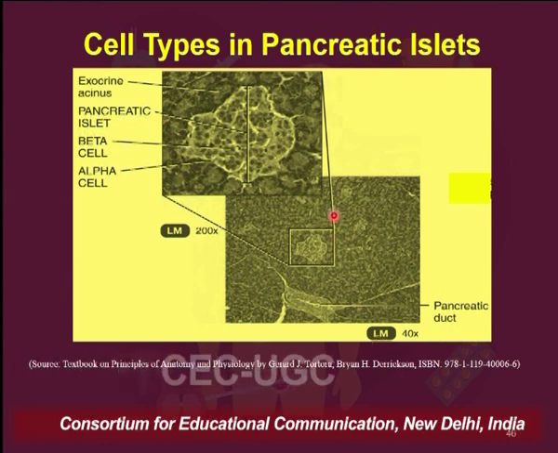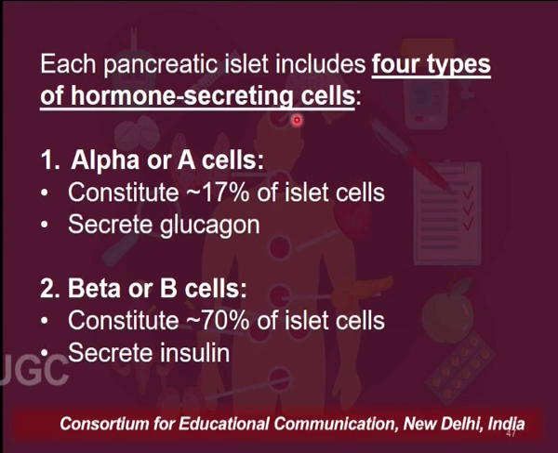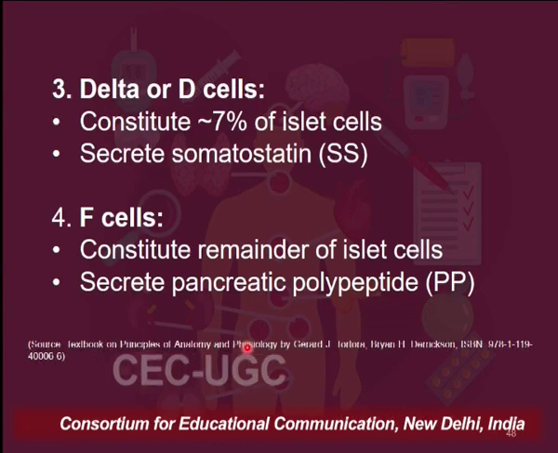This is yet another histological image of the cells just to show you the pancreatic islets. Now, in the endocrine part of the pancreas, the alpha cells or A cells constitute around 17%, and they are responsible for the production of glucagon. The beta cells constitute around 70% of the islet cells and secrete insulin.